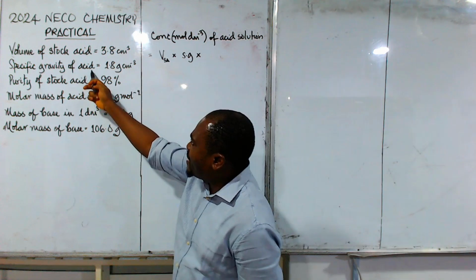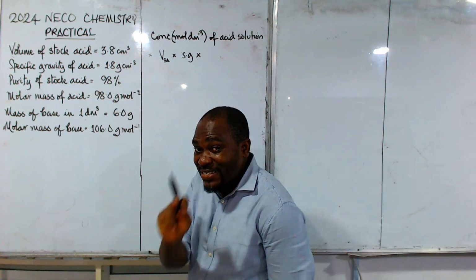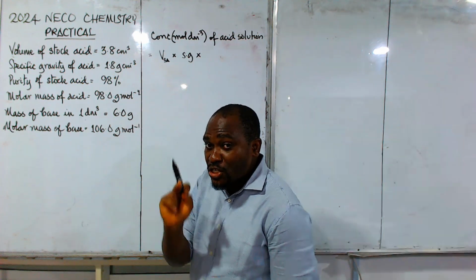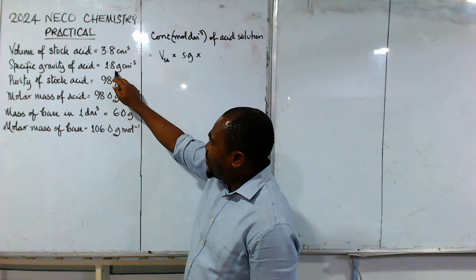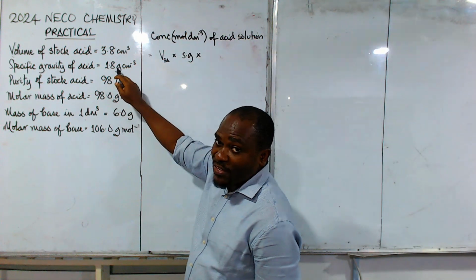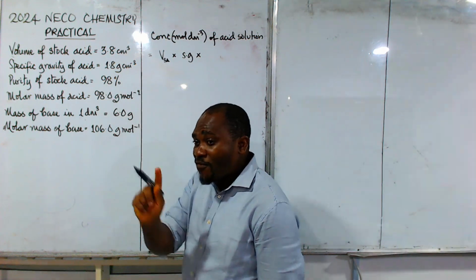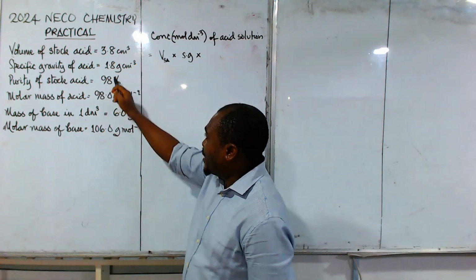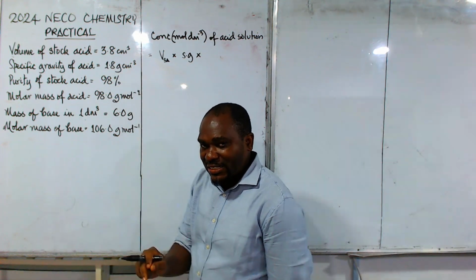So the specific gravity here gives you the mass of the acid present in 1 cm cube of that solution. Are we together? Fine. So that's why we need the specific gravity, which means that every 1 cm cube of that stock solution contains what? 1.8 grams of the acid, right?